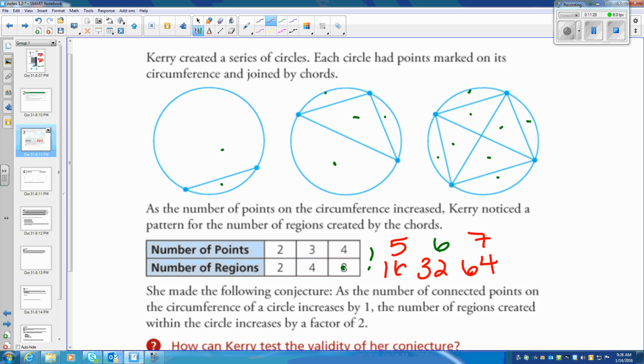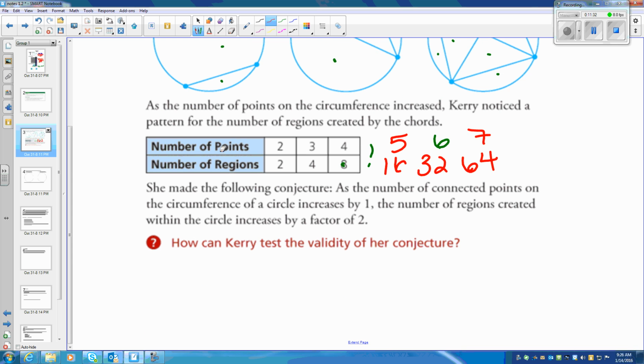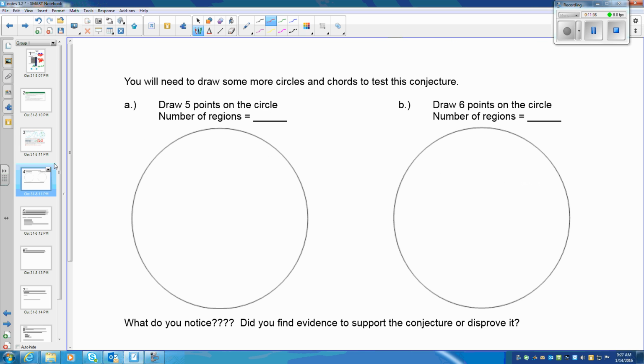How can we verify the validity of her conjecture? Well, you know what we can do? We can test different cases. Let's test 5. This side of the room, you test 5 points. This side of the room, you test 6 points.